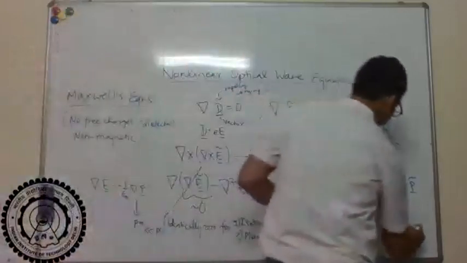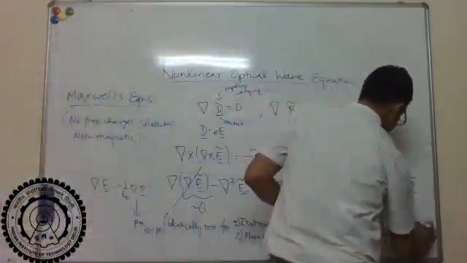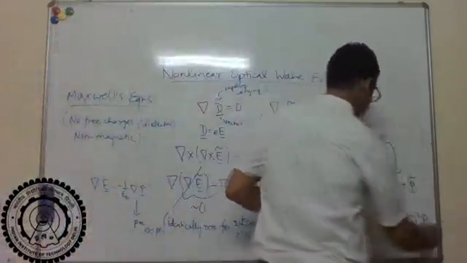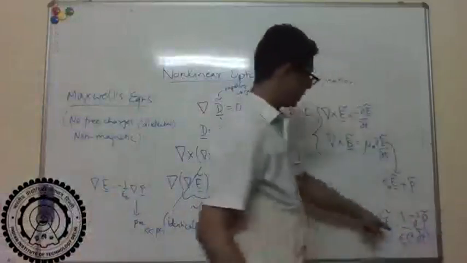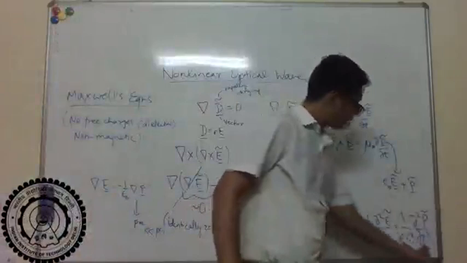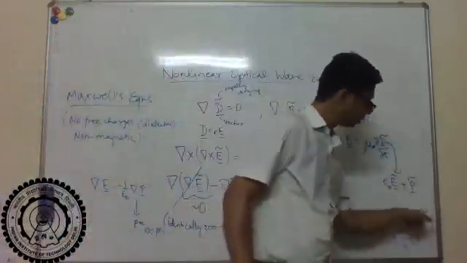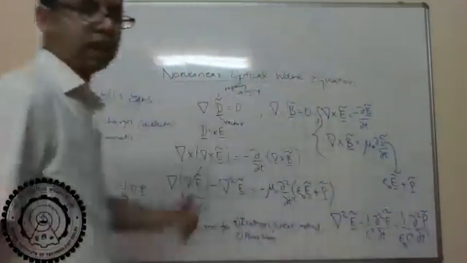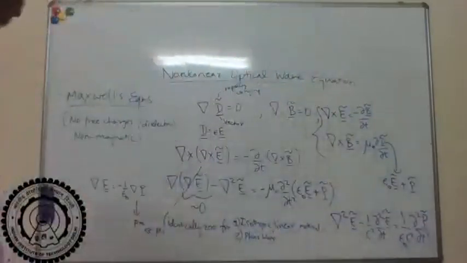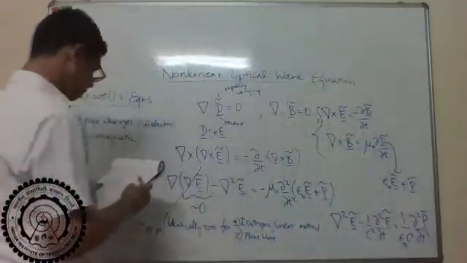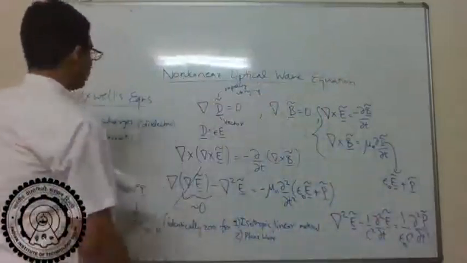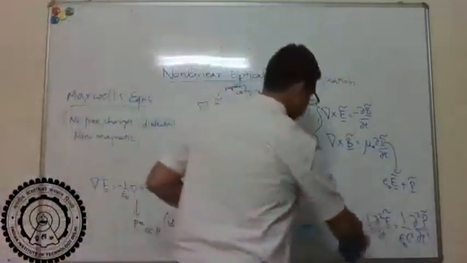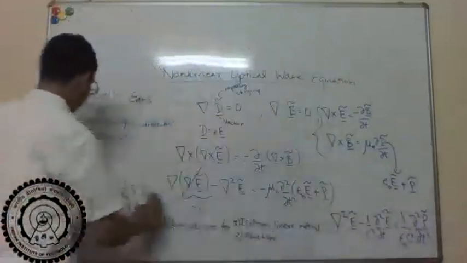On the right hand side, I have this term of the polarization which is remaining. Right, so you can see that this is a wave equation with the source term on the right, and the source term is basically the polarization, right? Or more explicitly, the double derivative or the acceleration of the dipole charge.